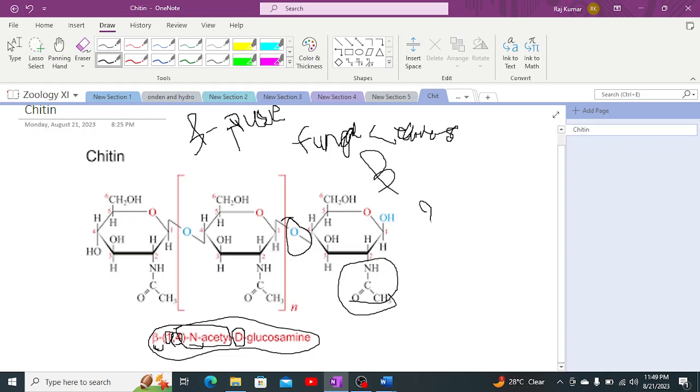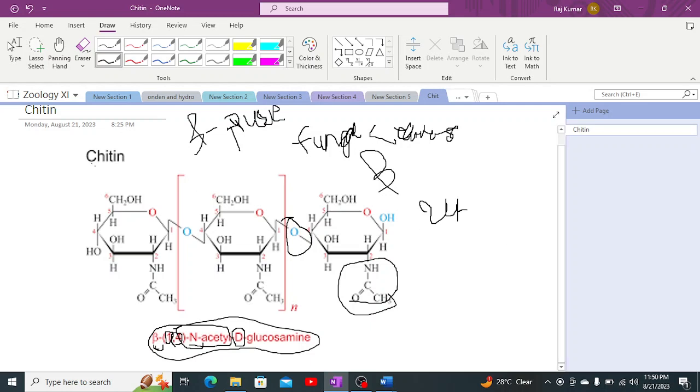In terms of structure, the structure of chitin is analogous to the structure of cellulose. Why?